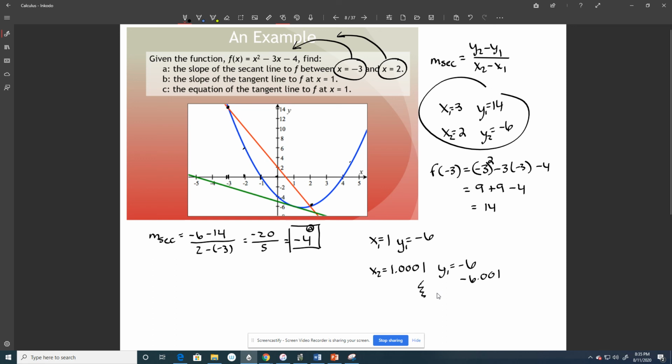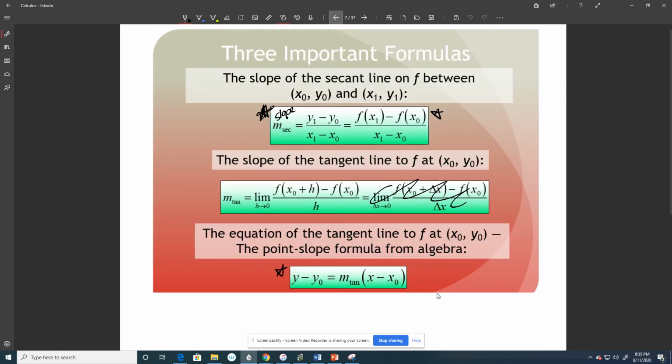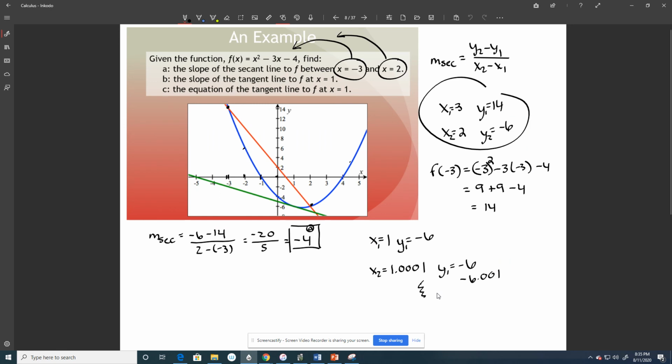So let's plug them in. Our formula, if you don't remember what it was, we just take that really, really small value and we're going to find the slope. So the slope of my tangent is my y values, so negative 6, and I'm going to minus negative 6.001.